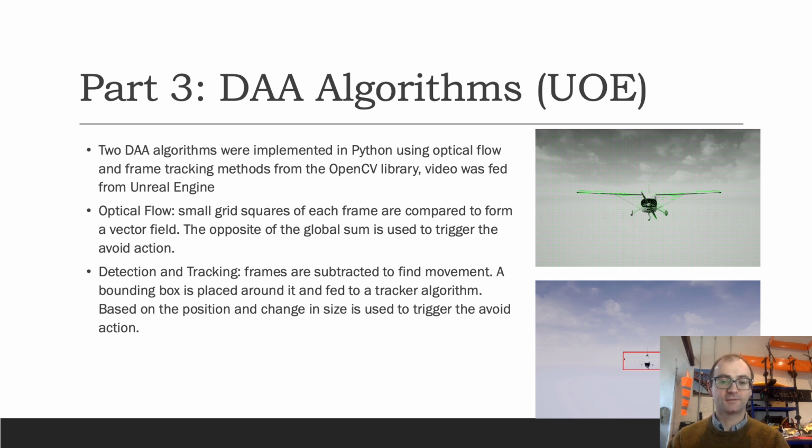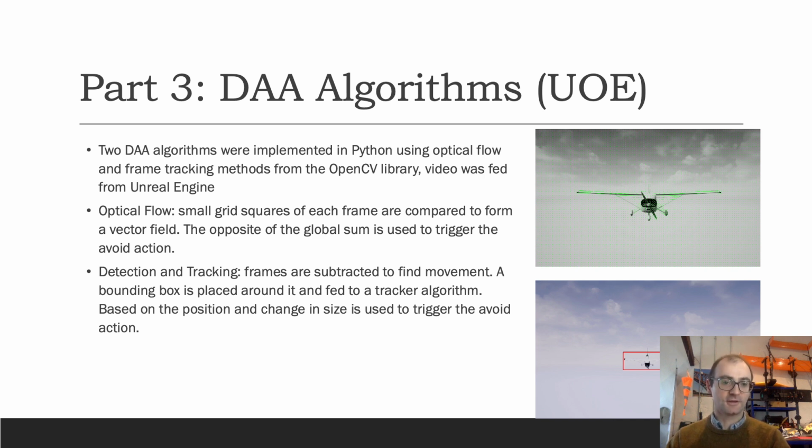The two methods that they researched for us and suggested were an optical flow based method and a tracking based method. For the first algorithm, optical flow, you can imagine a small series of squares, a grid across an image, and you're then comparing subsequent frames and looking for shift in the pixels.